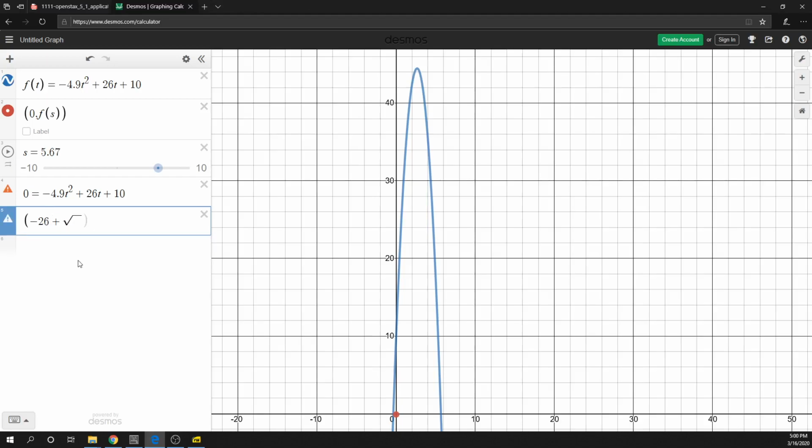Square root of b squared minus 4 times a times c, all over 2a.